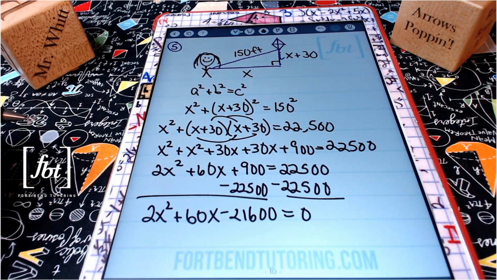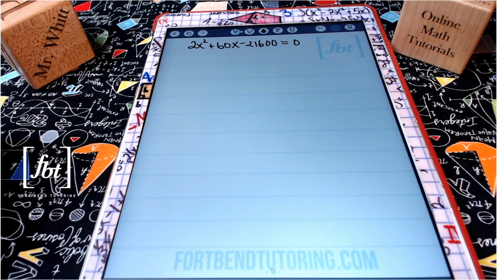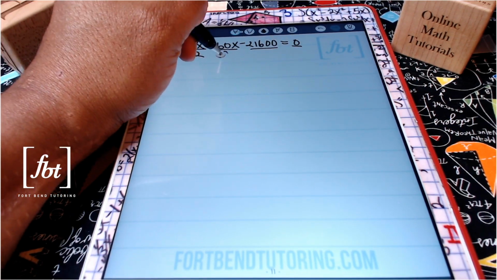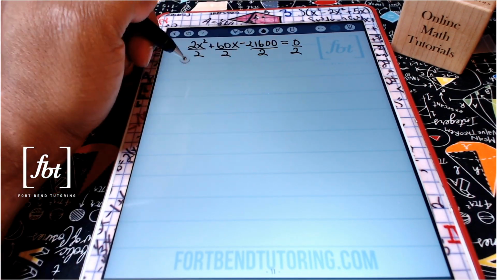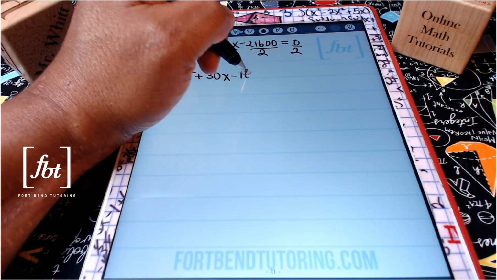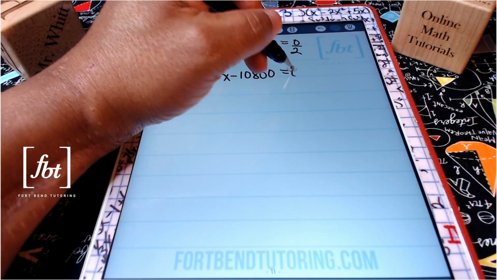All right. Now, I don't like these large numbers, but I do notice that they can all be divided by 2. So that's exactly what I'm going to do next. So dividing each term by 2, like so, guys, we'll have x squared plus 30x minus 10,800 equals 0.